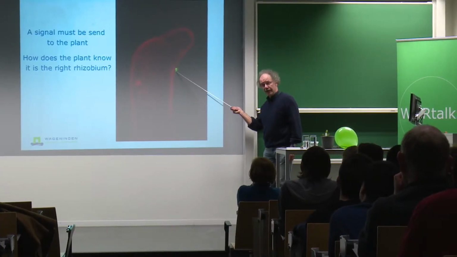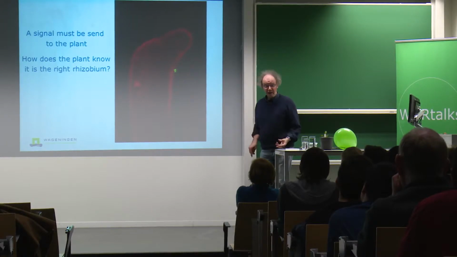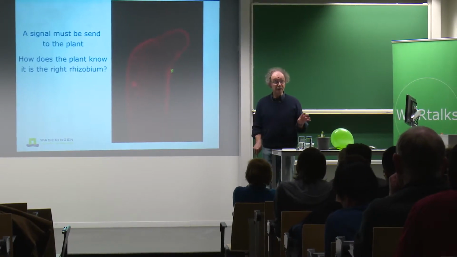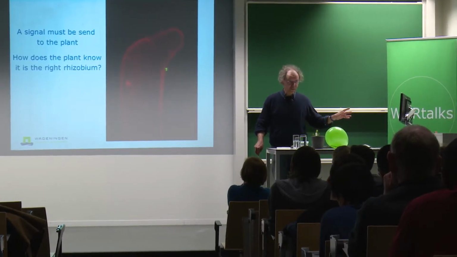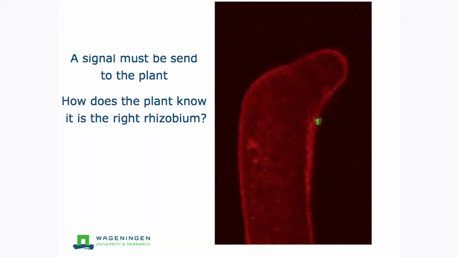It also means, as I say, it recognizes whether it's the right bacterium. This is the one I want to allow to get into me. It means there are signals. It means the rhizobium has to make a signal which is specific and a signal that is recognized by the plant.